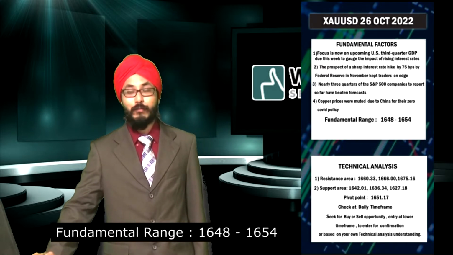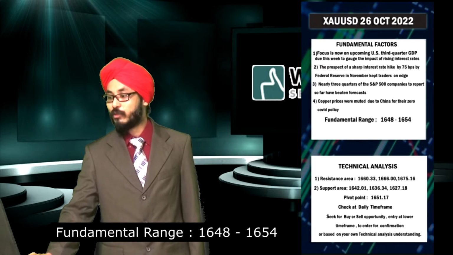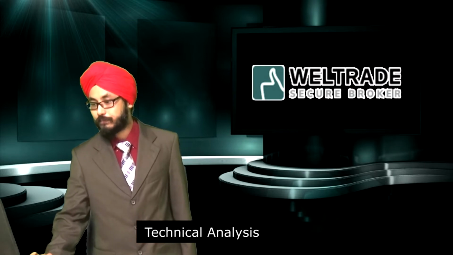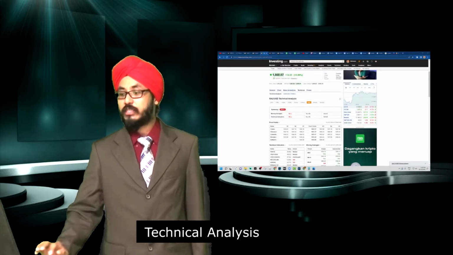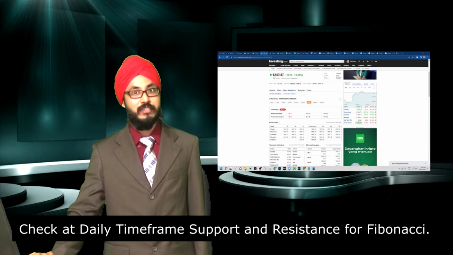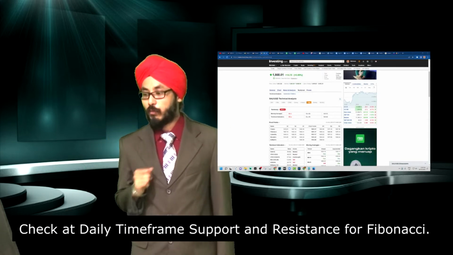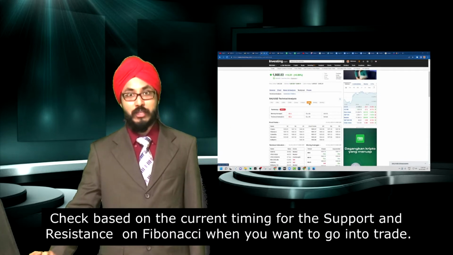Now we will go further with our technical analysis, which I will be showing you. First and foremost, we will look at investing.com. As you could see at the daily, we have 3 support points and 3 resistance points. For the support points, we will look at the Fibonacci.